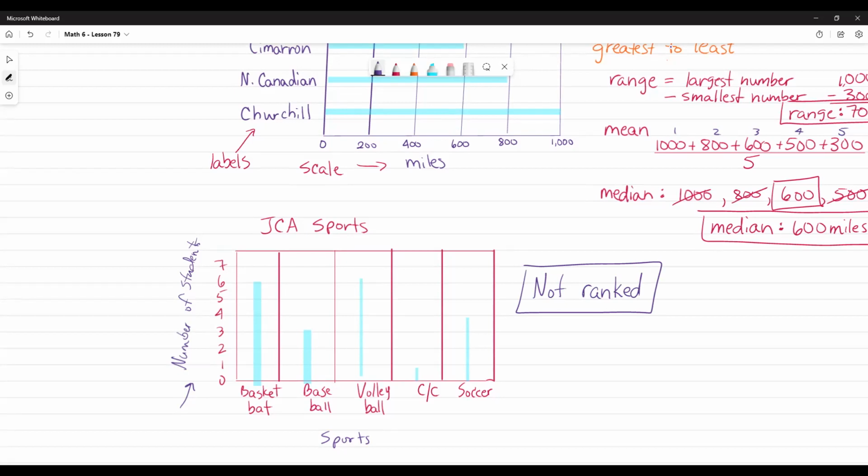If we wanted to put this in ranked order, say least to greatest, we would go cross country, then baseball, then soccer, basketball, and volleyball. You can sort of put whatever order you want, since they have the same scale. But we still have a title, and we still have labels. Well, technically those are the labels.